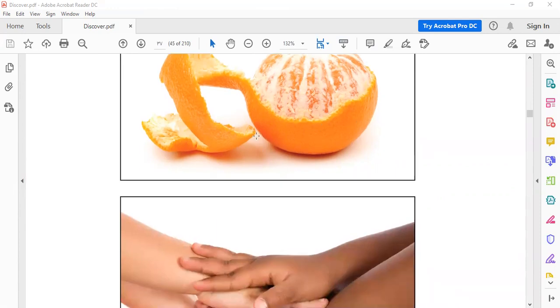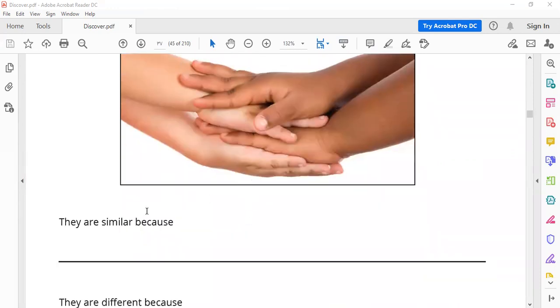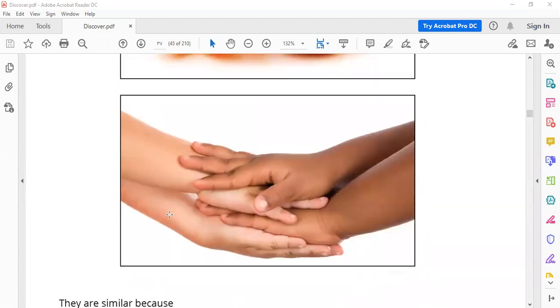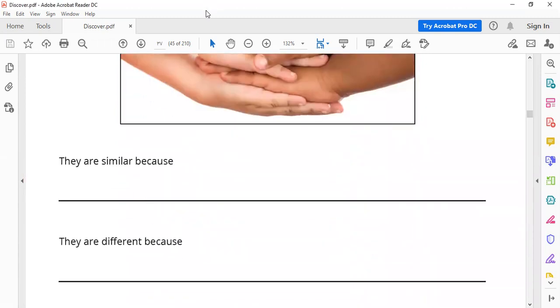This fruit, we call it tangerine. It is something like orange. And here are the two hands. They are similar because they have skin.